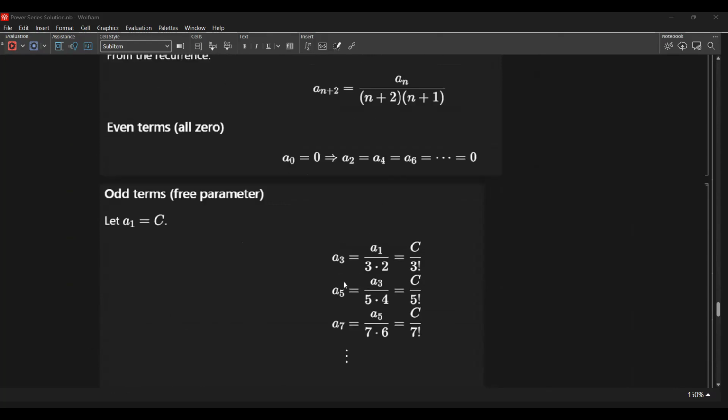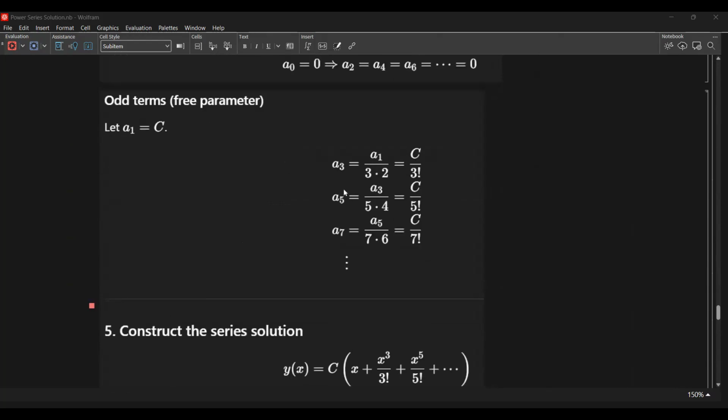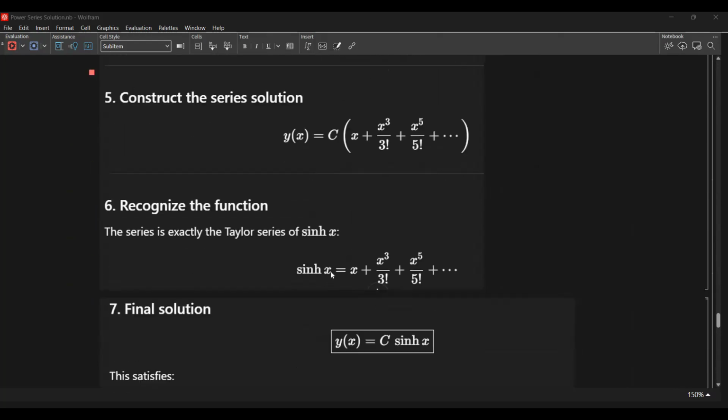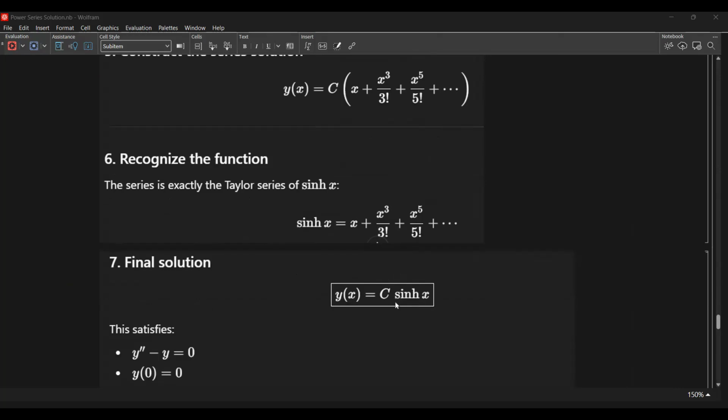Now for the even terms here, the solution is equal to 0. So this is the hyperbolic sine of x. So x plus x cubed over 3 factorial plus x to the fifth over 5 factorial plus the other terms here. So y of x, the solution, to be more specific, is equal to c times the hyperbolic sine of x.